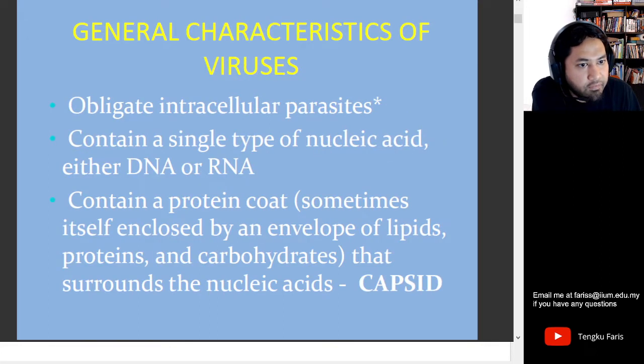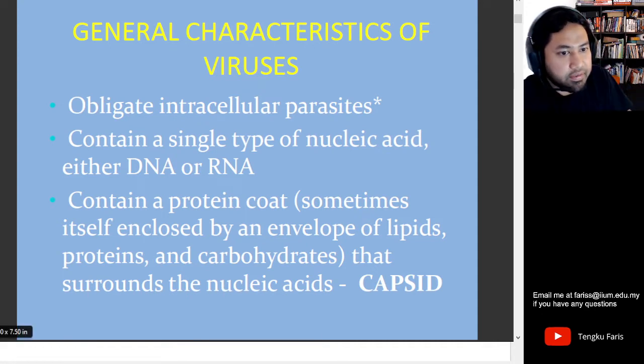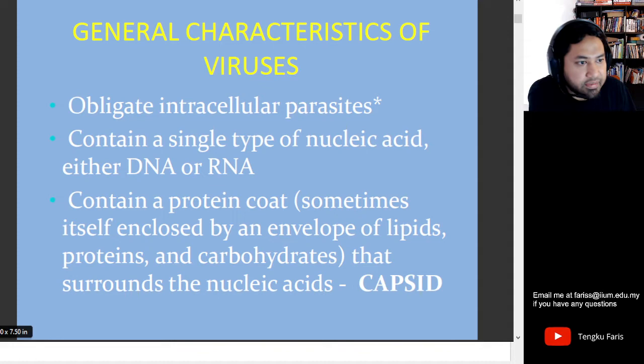General characteristics of viruses. We know that viruses are of many different types, and the classification of viruses can vary. Most of the time we consider viruses as obligate intracellular parasites. What does it mean?